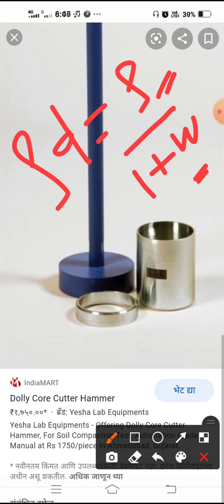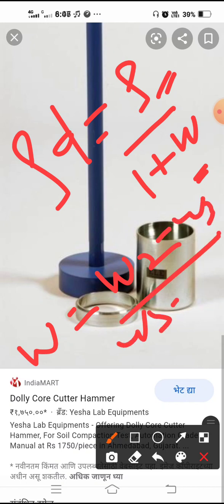For that purpose, we take some part of the soil sample and find out the water content by using the formula W2 minus W3 upon W3 minus W1. W1 is the weight of the empty container, W2 means the weight of the container plus soil sample, that is the sample collected from the core cutter that is buried in the soil, and W3 is the weight of the container plus dry soil, because we keep this container in the oven for 24 hours at a temperature of 105 degrees Celsius.